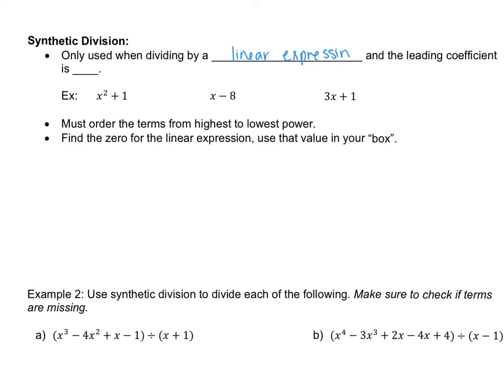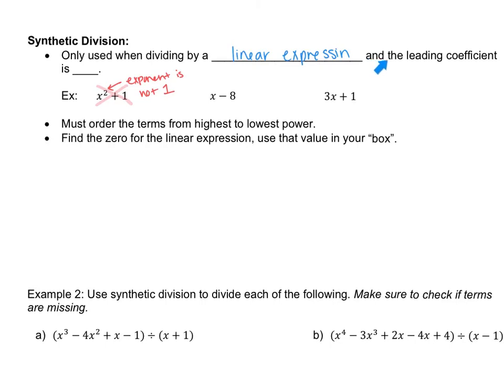You can see right now that this expression would not work. This one does not work because the x here is to the second power, so it makes it quadratic. Things that are linear mean that the exponent has to be to the first power. So this exponent is not to the first power, which means we can't use synthetic division here.